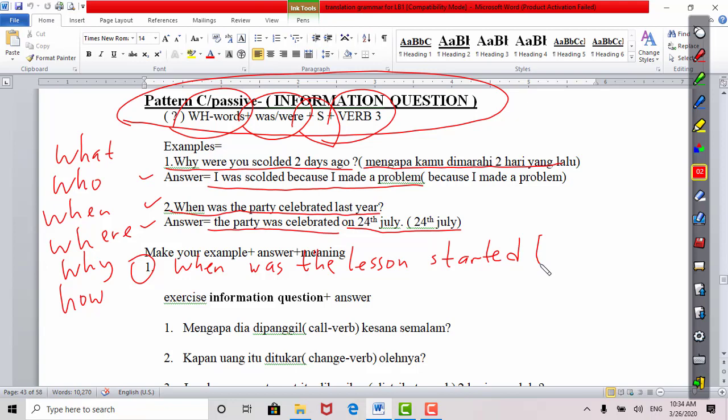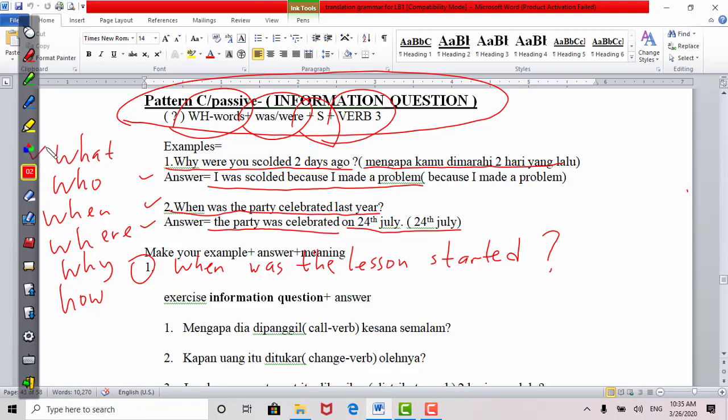When was the lesson started? Yes, after this you put a question mark. The meaning is, kapan pelajarannya dimulai? Alright? You can make your own example by using what, maybe who, when, where, why, and how. Alright? Now after this we go to the exercise, information question.